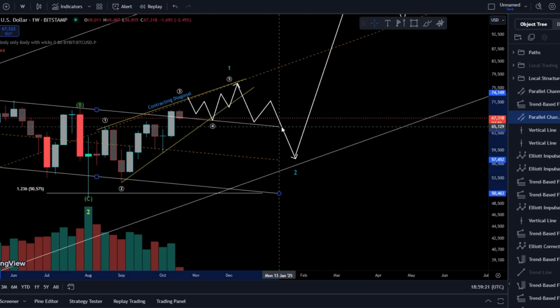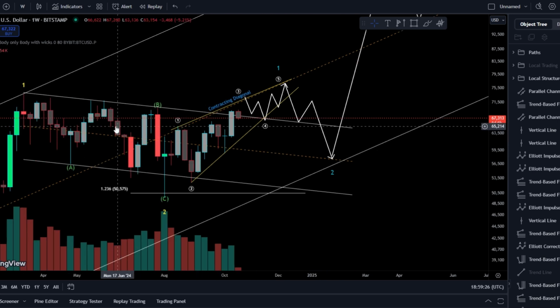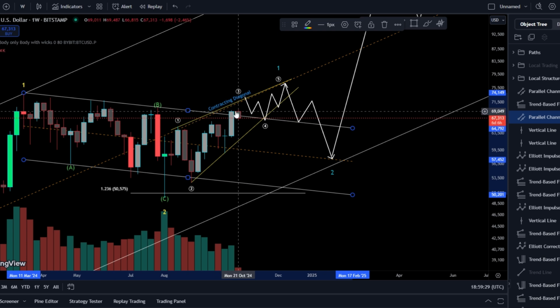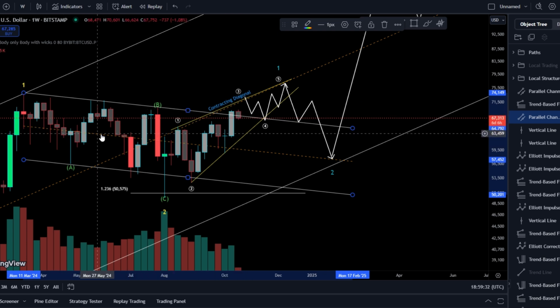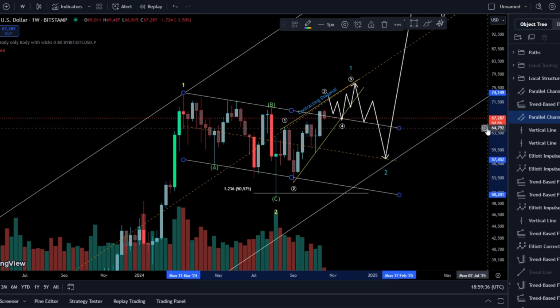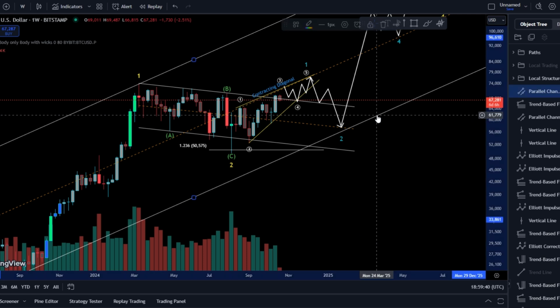If you also notice, our additional confluence in this range is our old channels that we are breaking out of now, old channel midline, as well as our larger channel bottom of the trend line.